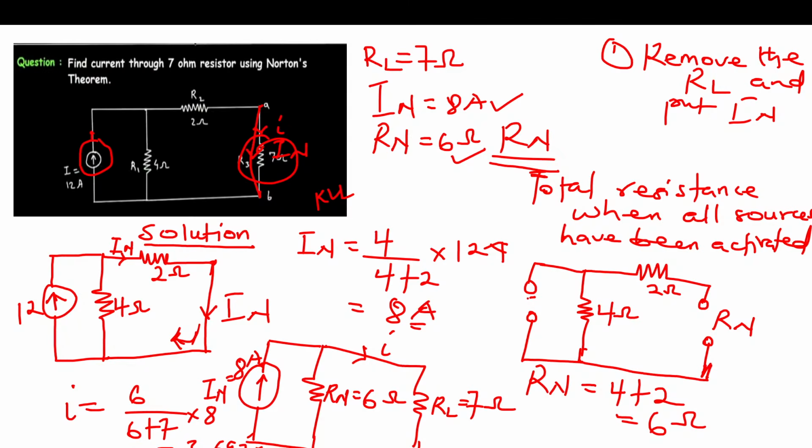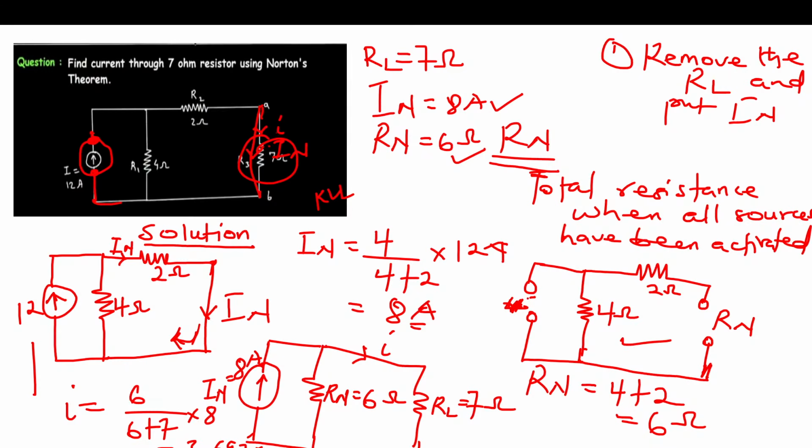Open circuit means literally opening it, so that is what we have here at this part. And if the source is a voltage source, we simply short circuit it. Okay, good. So you are going to open circuit here, and this time around you're going to put Rn here where the load resistor was, and that is the circuit I've drawn here.